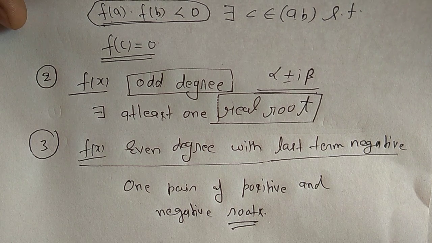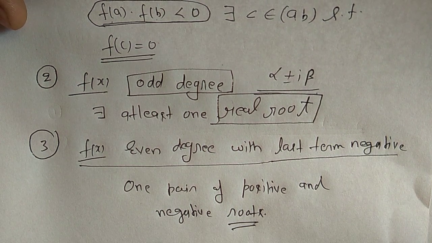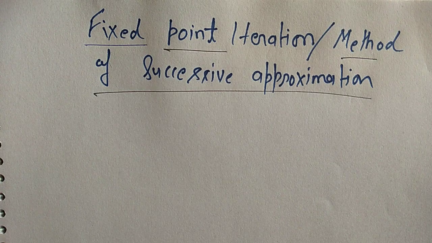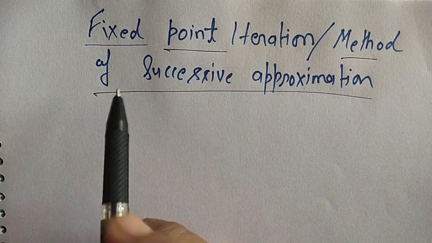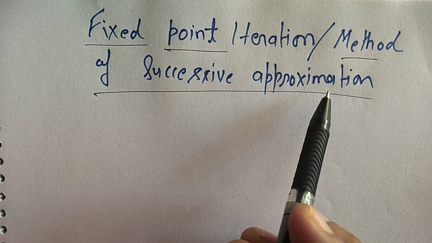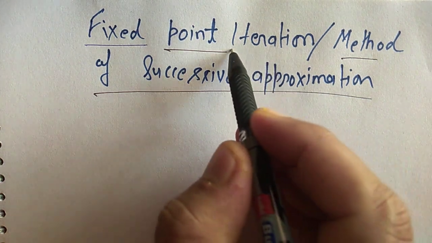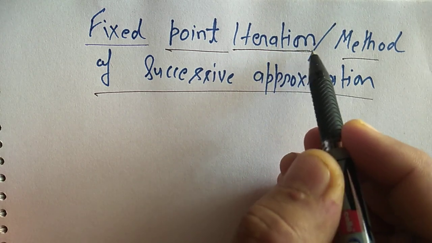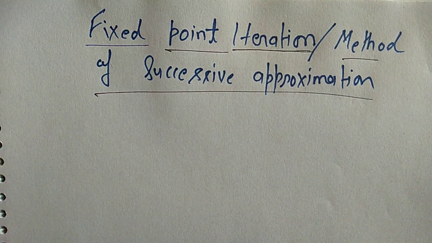Now let us move to numerical methods to find the roots of these equations. The first method to find the root is fixed point iteration, or method of successive approximation. So this is an iteration method. Iteration method means for each iteration we will improve the solution.